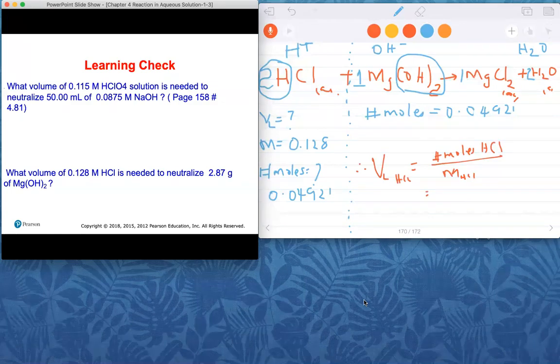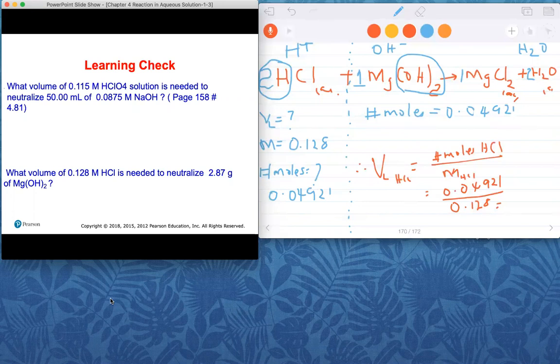The number of moles is 0.04921 over the molarity, which is 0.128. You can express it in liters or in milliliters. So when I divide 0.04921 by 0.128, this is 38.4.